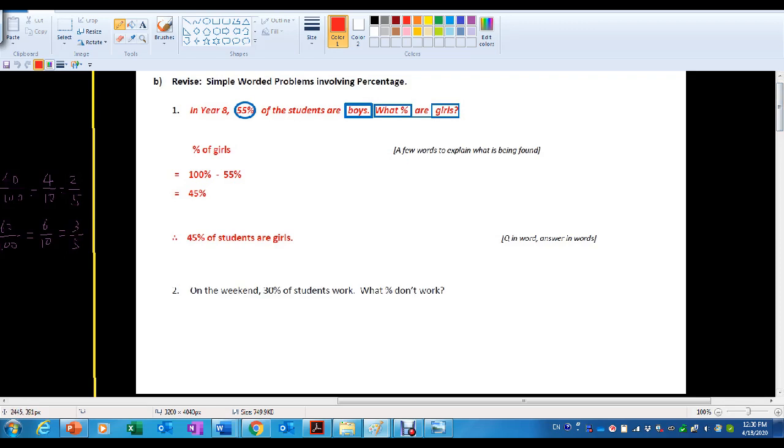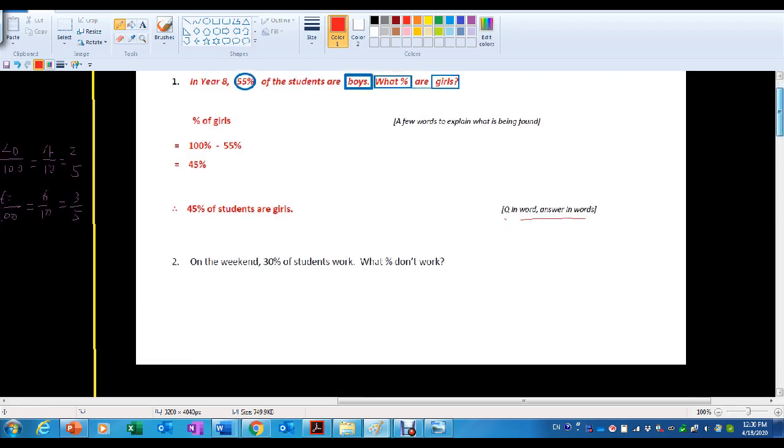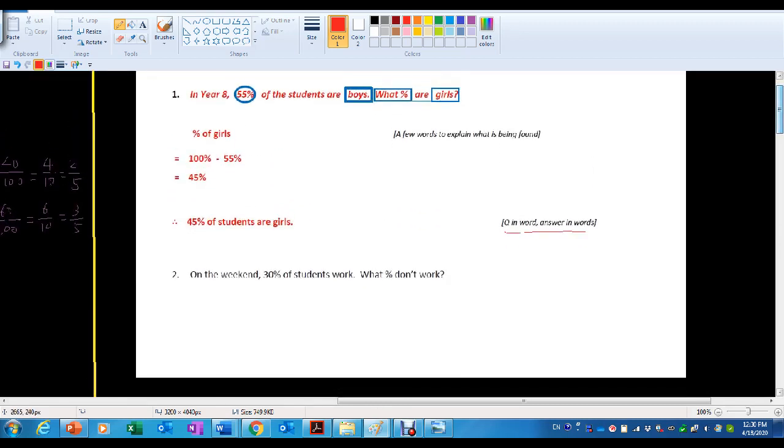Since the question is in words, your answer should be in words, right? Let's see this one. 30% of students work. What percent don't work? That's the question.